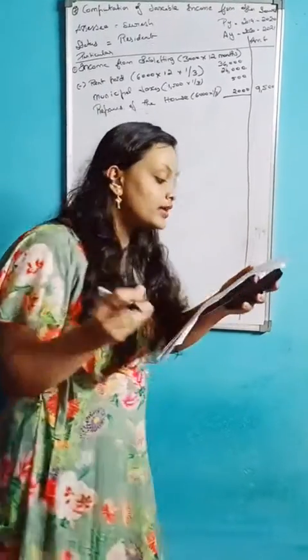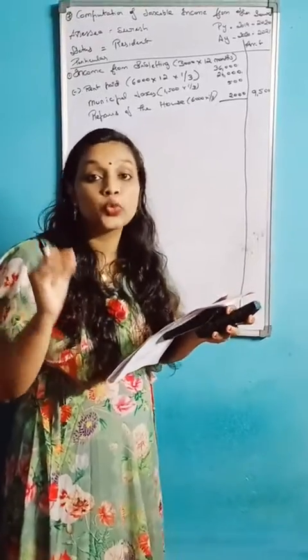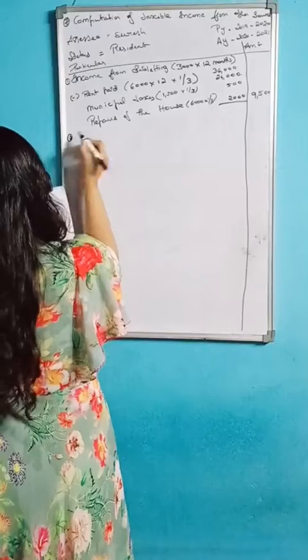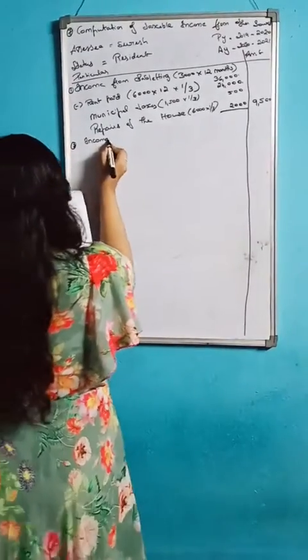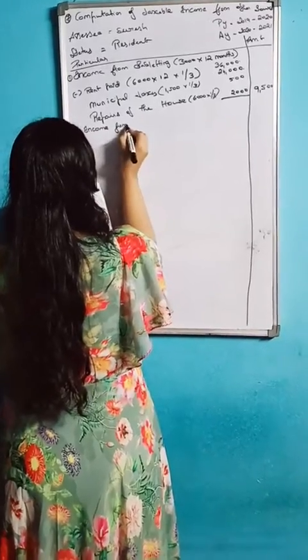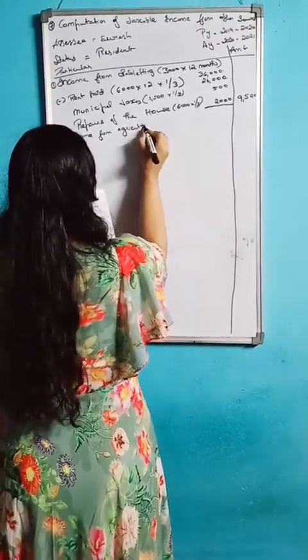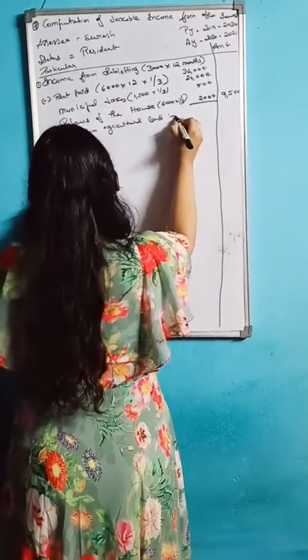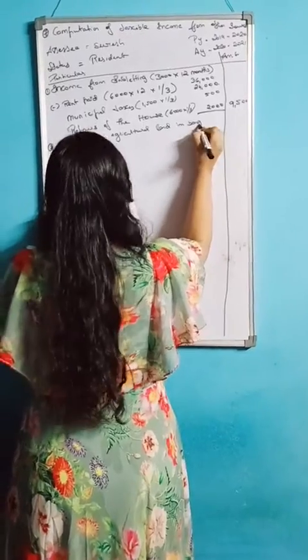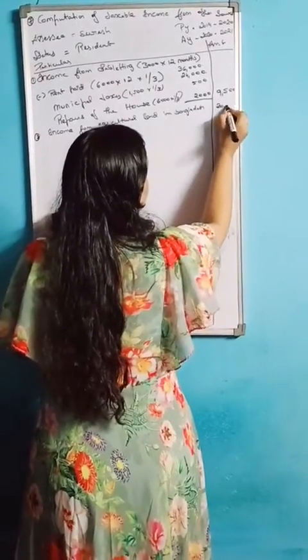The next point is income from agricultural land in Bangladesh, rupees 20,000. It's taxable. So income from agricultural land in Bangladesh, it's 20,000.